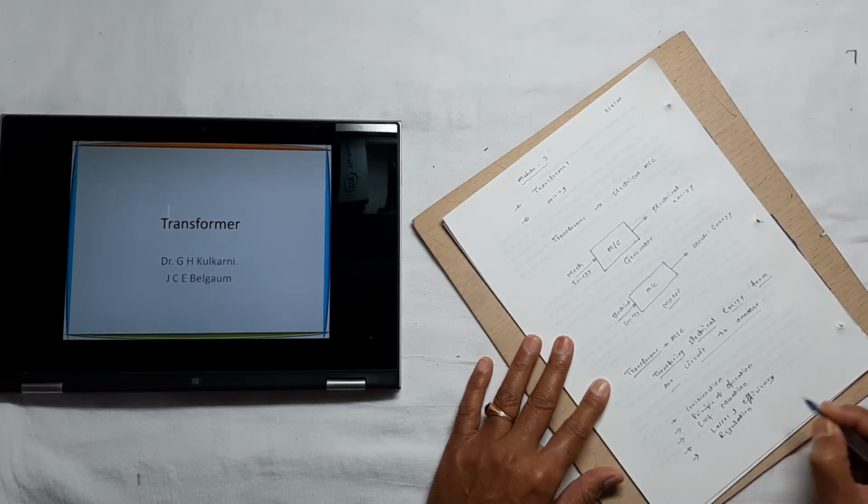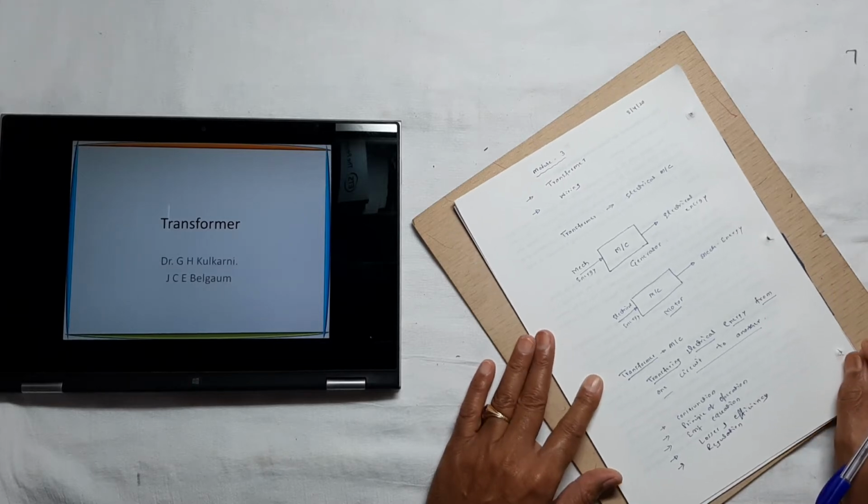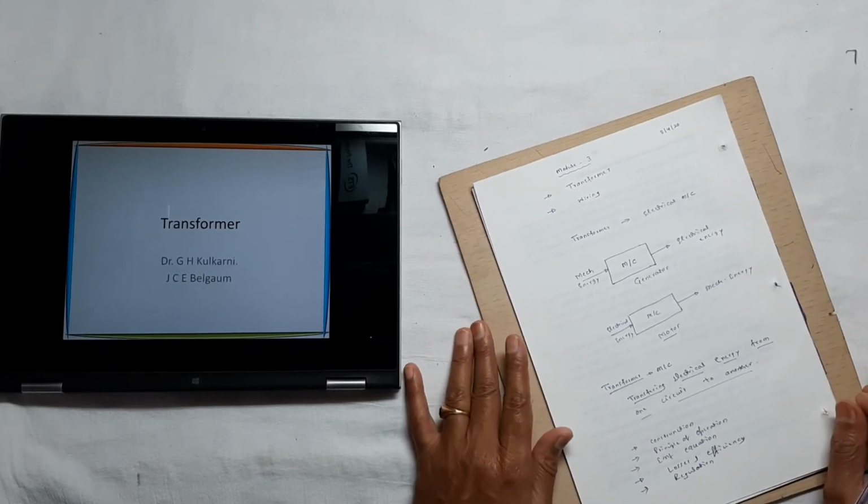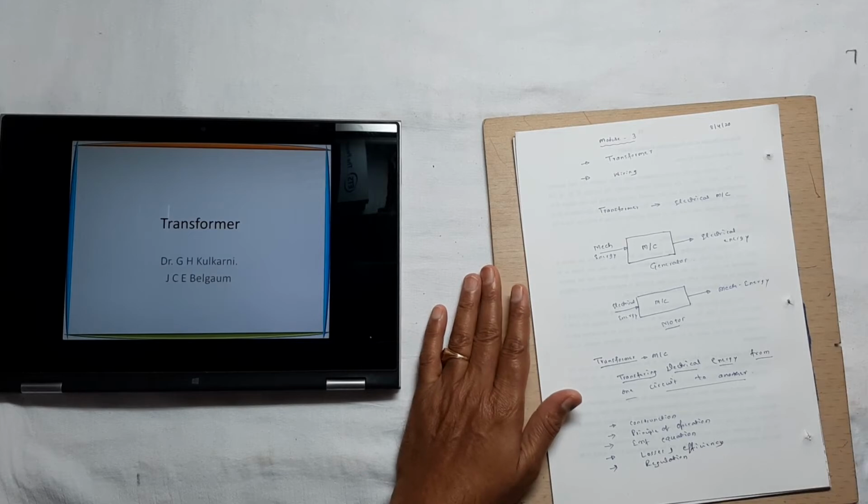These are the things we are studying in the transformer. We will go by this step by step. Then start with the transformer.